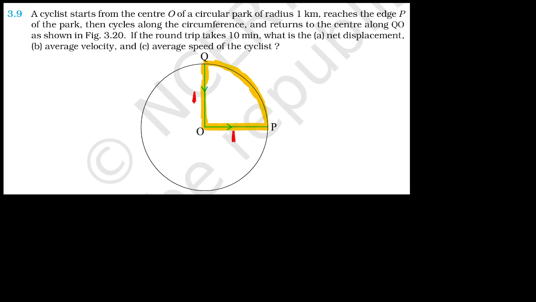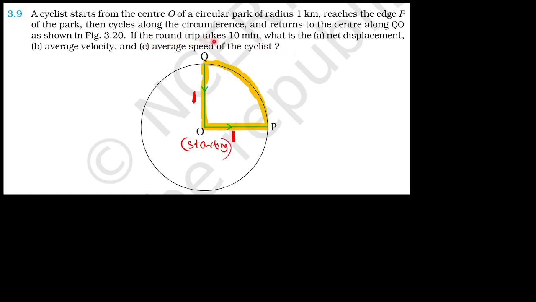Okay, this is his path, starting from O, then PQ, then QO, finally reaching O.